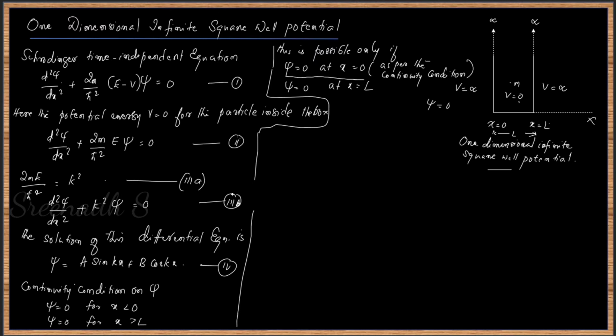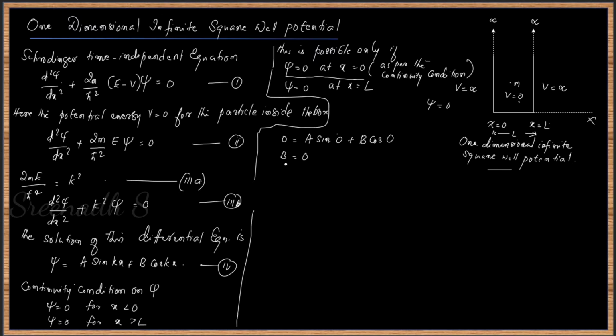Substituting the value for x, we get a sine 0 plus b cos 0. Sine 0 is 0 and cos 0 is 1, so we get b is equal to 0.